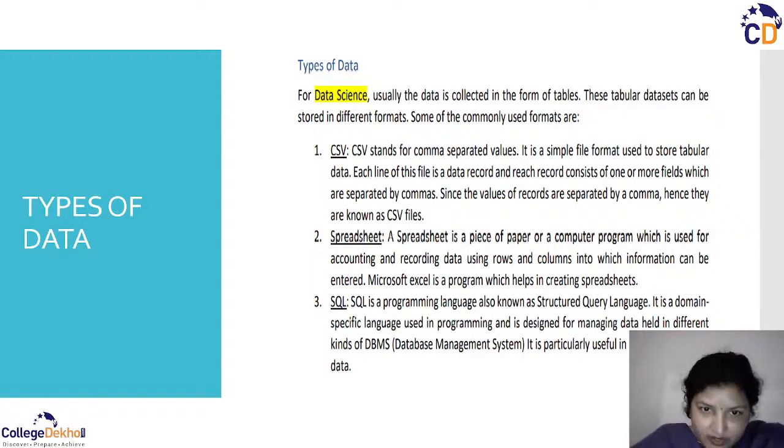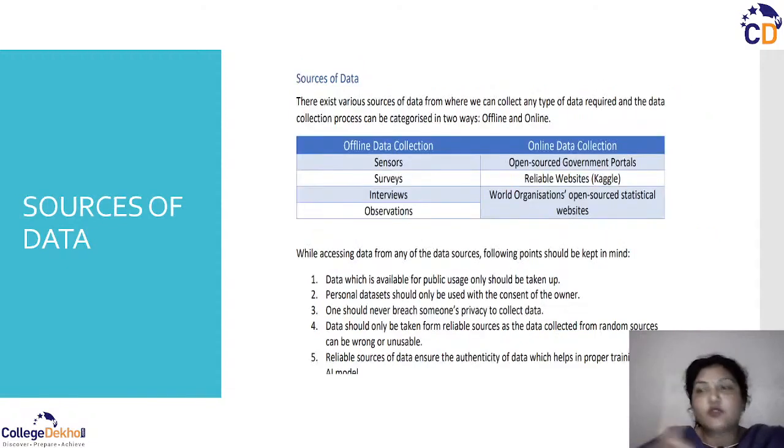Once you have downloaded the data set, then you can perform different manipulations, different queries, different questions. From that you can fetch the information from the database using SQL, that is structured query language. So I hope you have understood what the types of data are, and the second thing is sources of data.